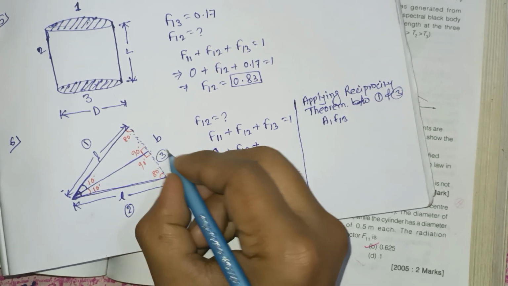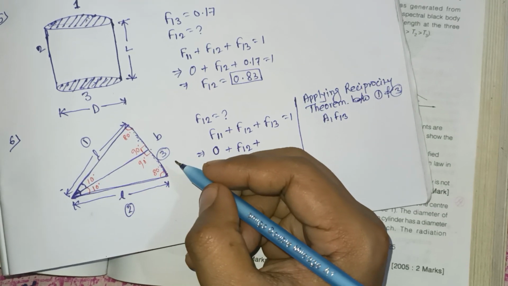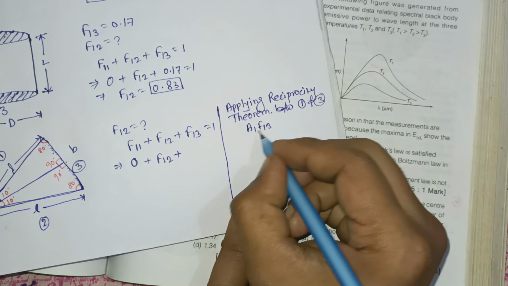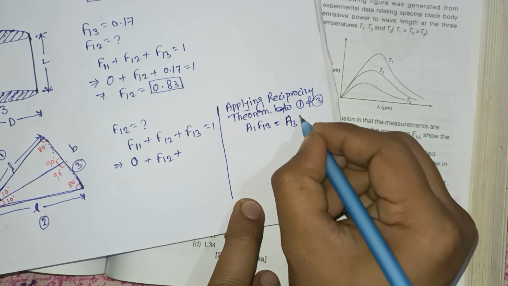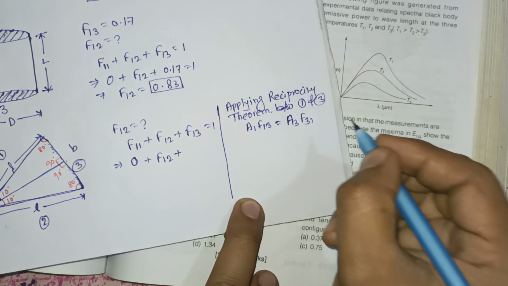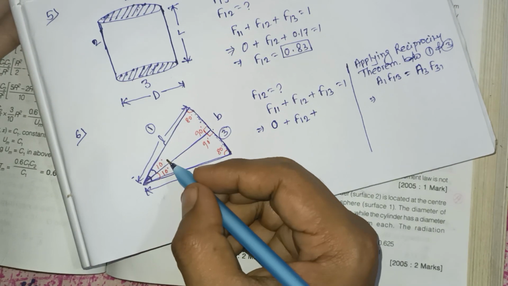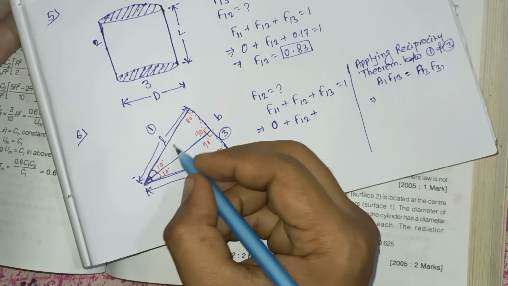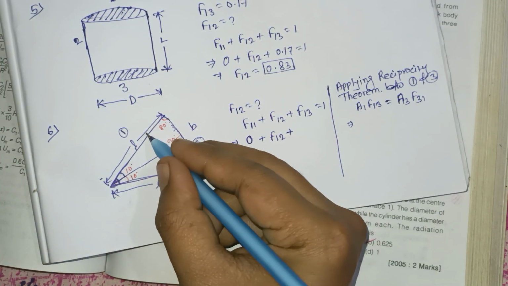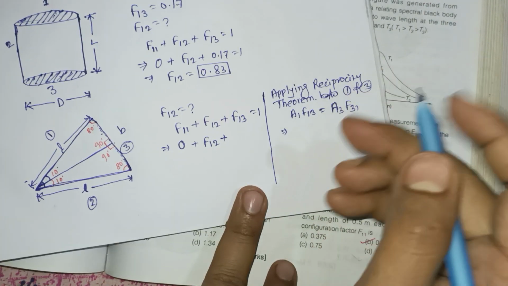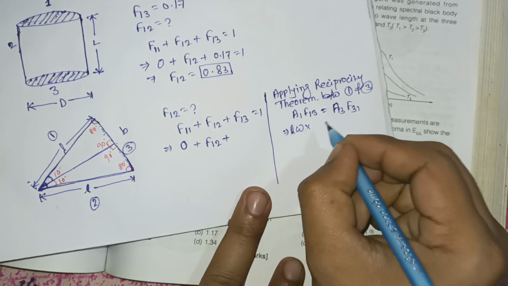Suppose this is plate 3. So A1 F13 is equal to A3 F31. What is A1? Suppose the width of this plate is W. So here L into W into F13 is equal to A3 F31.